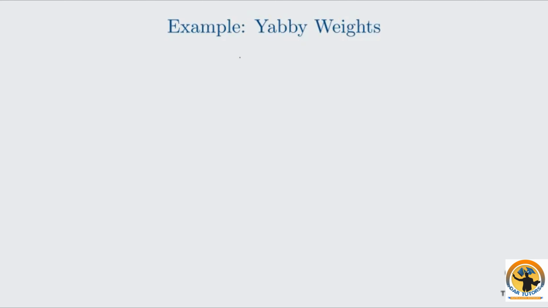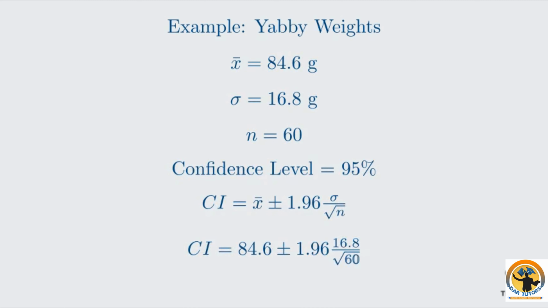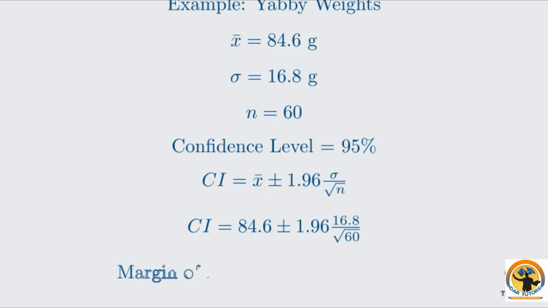First, we identify our known values. The sample mean x bar is 84.6, the population standard deviation sigma is 16.8, and the sample size n is 60. The confidence level is 95%. We substitute these values into our 95% confidence interval formula. Calculating the margin of error, 1.96 times 16.8 divided by the square root of 60 gives approximately 4.239.